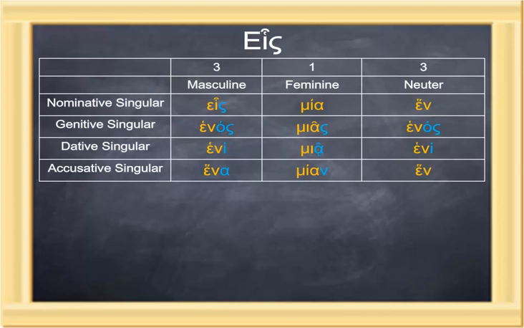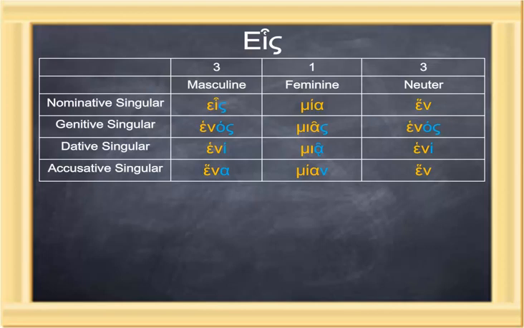That means the masculines are third declension, the feminines are first declension, the neuters are third declension. Please don't confuse heis, one, with eis, in, into. Notice heis has a rough breathing mark. The same thing is true for the word hen. It has a rough breathing mark and ought not be confused with the preposition en.